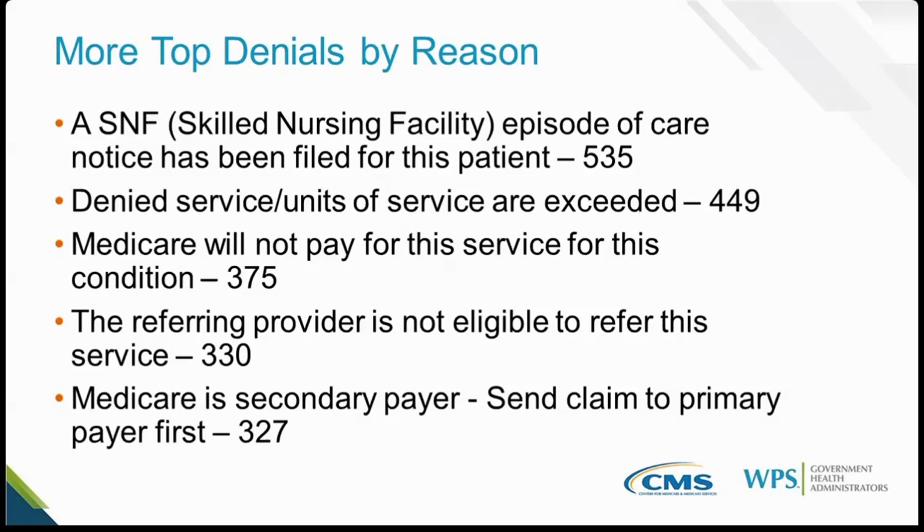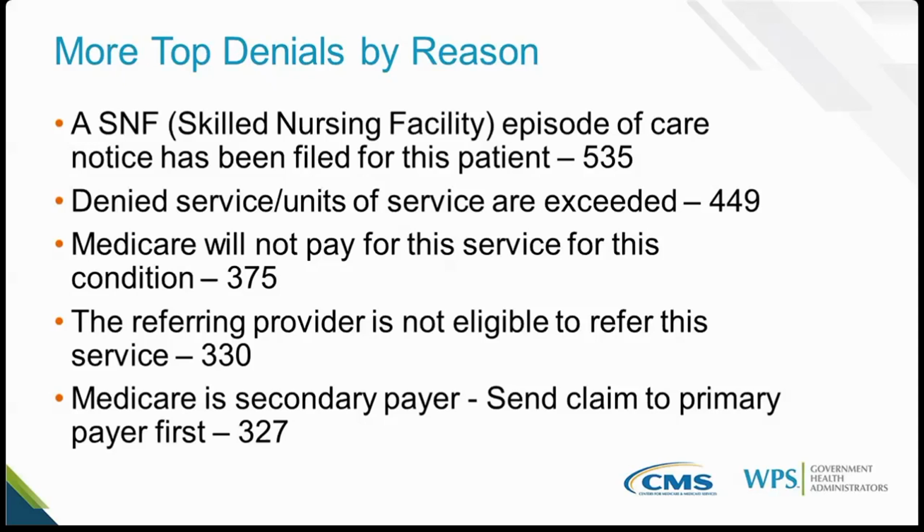Let's look at the next top denial reason. Medicare will not pay for this service for this condition. 375 denials. Typically, that is going to mean diagnosis. So diagnosis would be one of those situations where you would meet medical necessity.